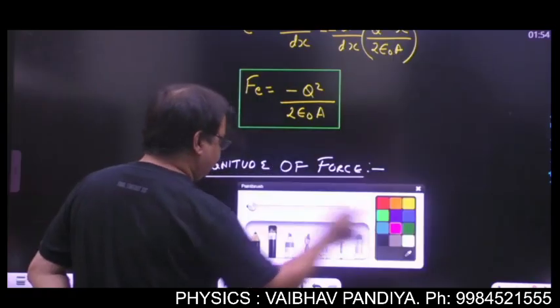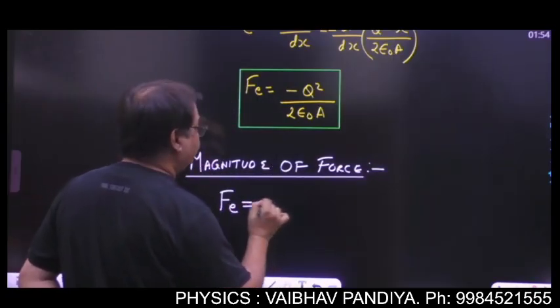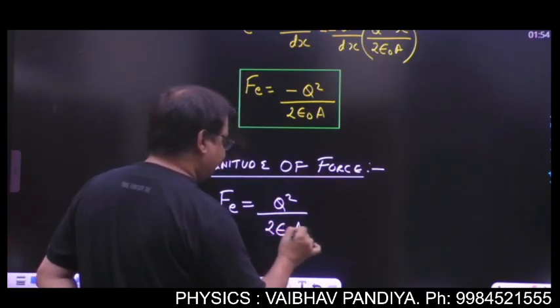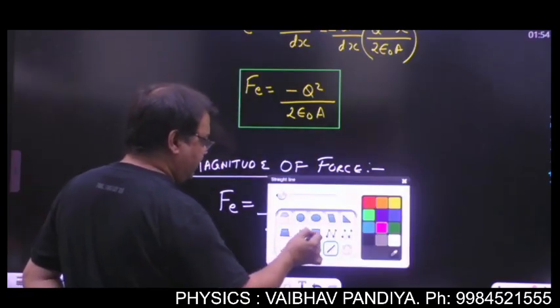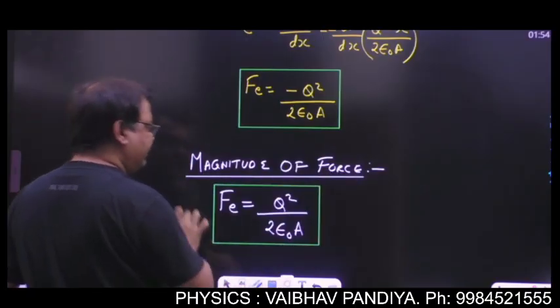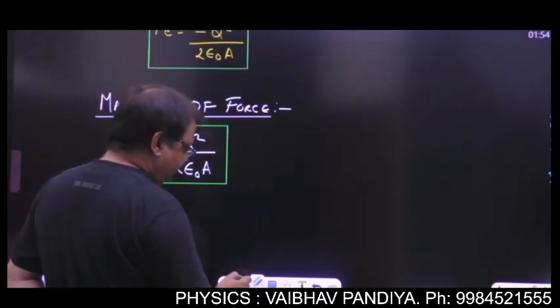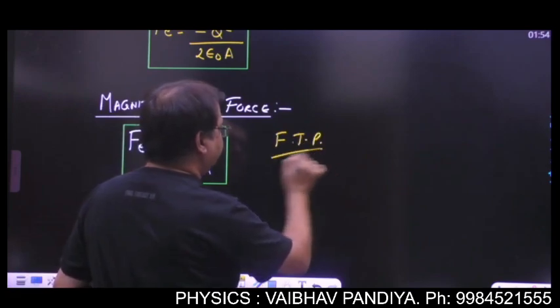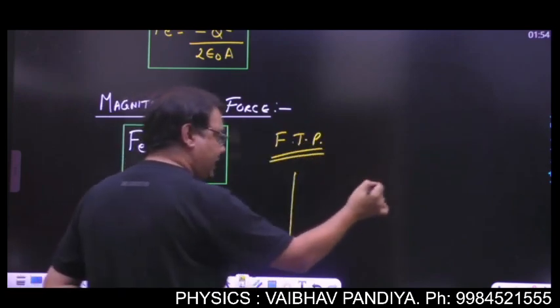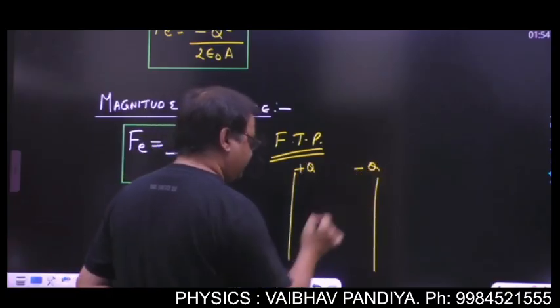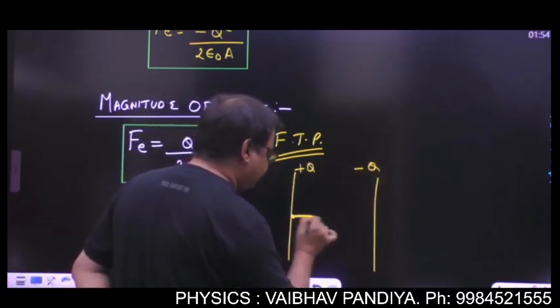So the magnitude of the electrostatic force between the plates would be Q square by 2 epsilon naught A, and this expression can be remembered as a fingertip point to use frequently whenever needed. Whenever we have two plates of the capacitor, one has a charge plus Q, another has a charge minus Q, they will be attracting each other.